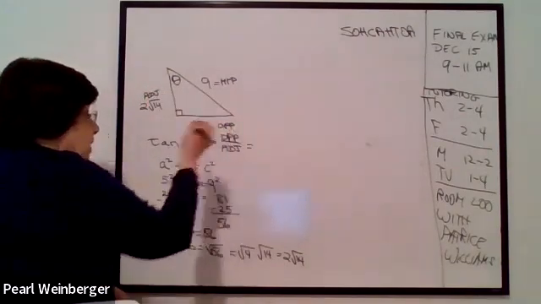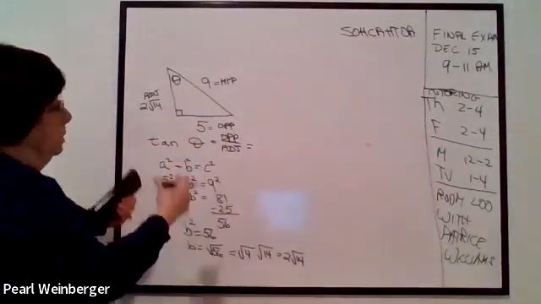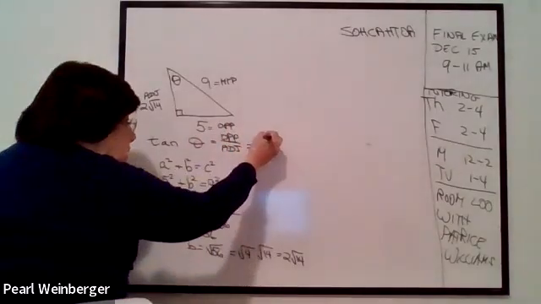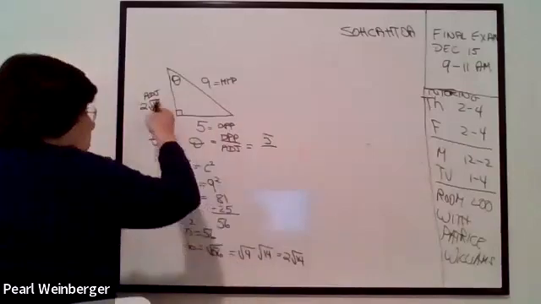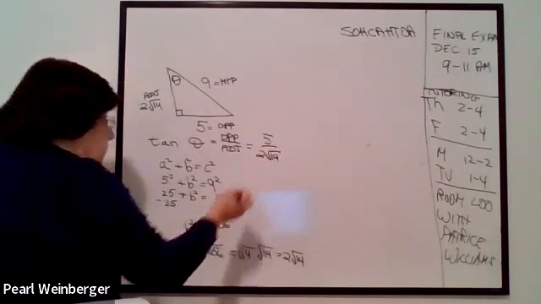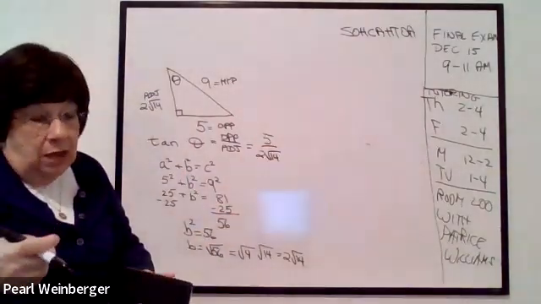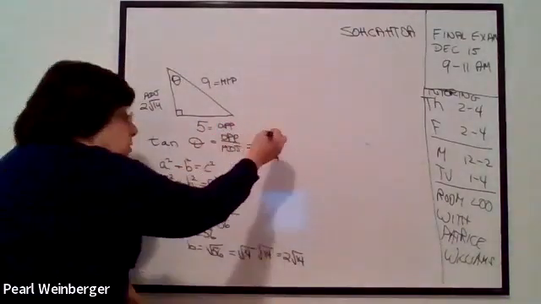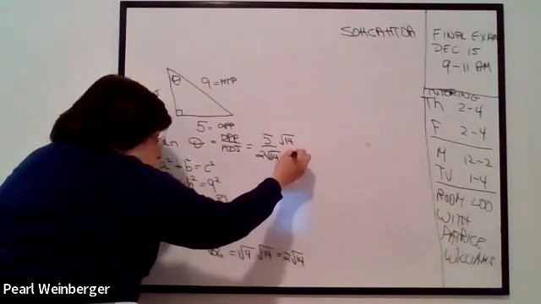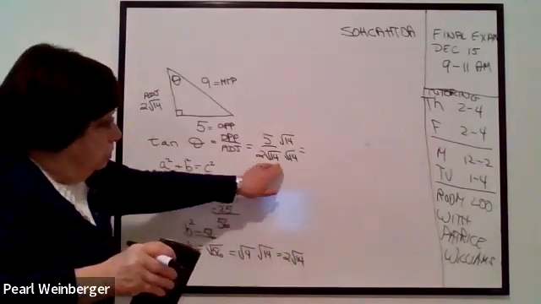And now that we have all 3 sides, we can do any one. So they asked us to find the tangent, so I'm going to do opposite, which is 5, over adjacent, which is 2 square root of 14. And again, I want the exact value, but I want it with a rationalized denominator. So I'm going to multiply top and bottom by the square root of 14. Remember, you multiply by the radical. This is just one term.